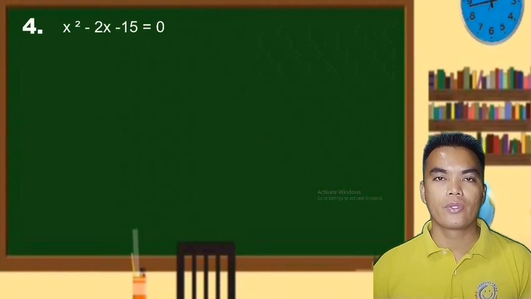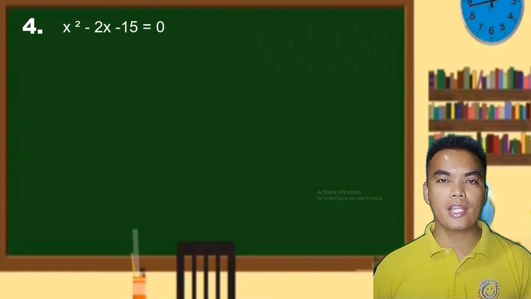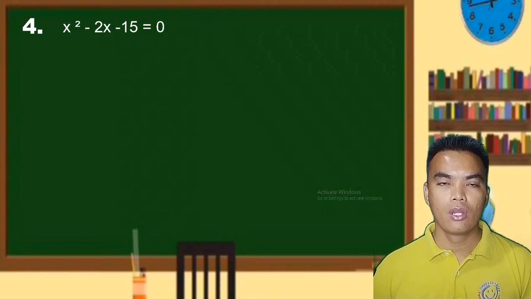Number 4. We have x squared minus 2x minus 15 equals 0. Now if x squared doesn't have any numerical coefficient, it means that the numerical coefficient is equal to 1, and 1 is a perfect square. So in this case, we need trial and error to get the factors of the given equation. We will get the factors of 15.